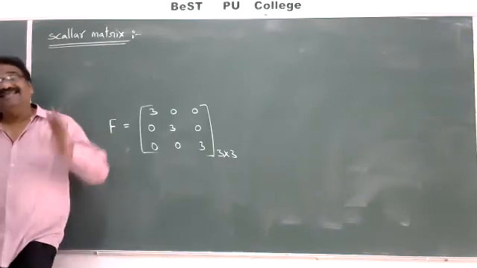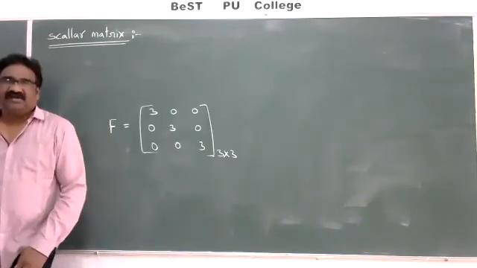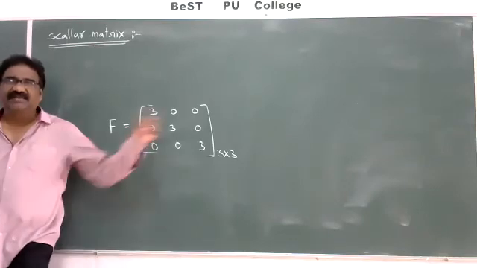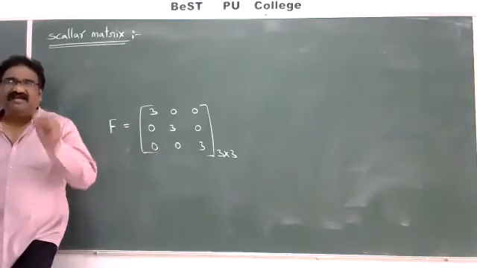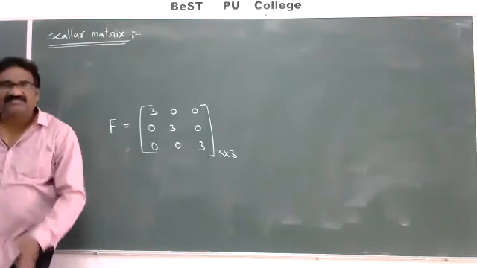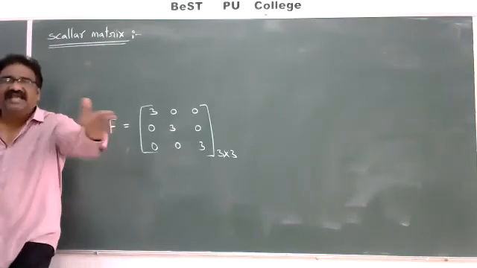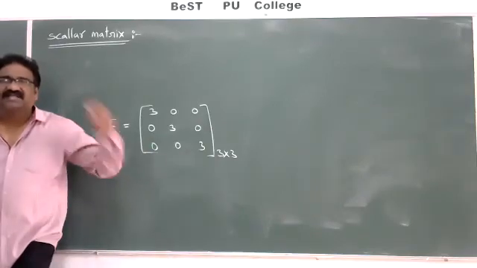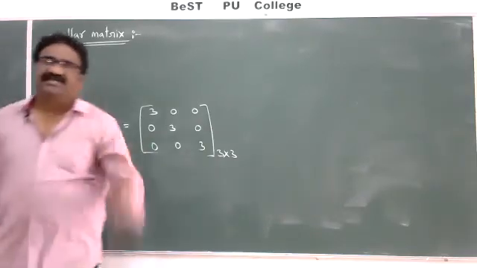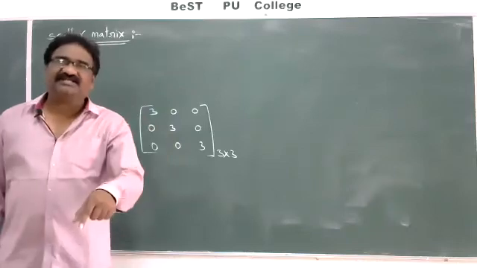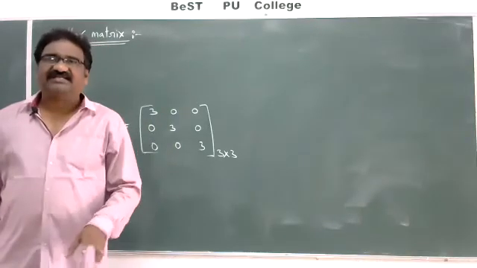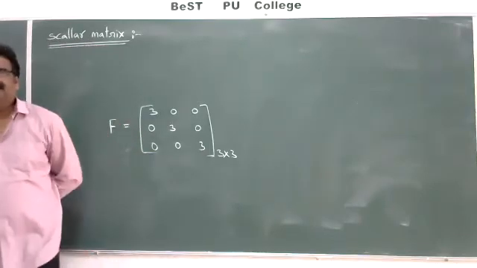Or, already it is a diagonal matrix, which means all elements are zeros except the principal diagonal elements. If all the principal diagonal elements are equal, then it is a scalar matrix. In two ways we discussed.